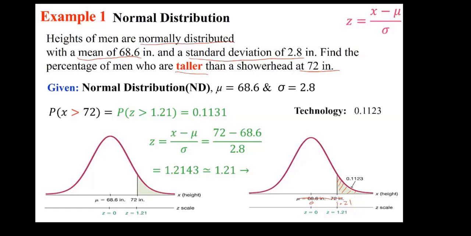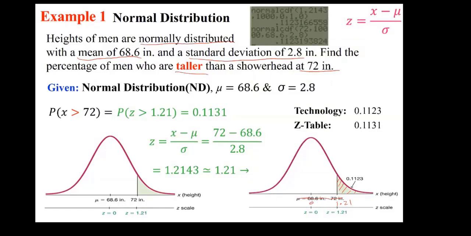Now, technology, z-table, as you can see, the numbers are different. And this is using normal CDF. Again, with the technology, even without changing it to a z-score, you can get it. I highly recommend you always change it to a z-score, because you'll be asked to do so.